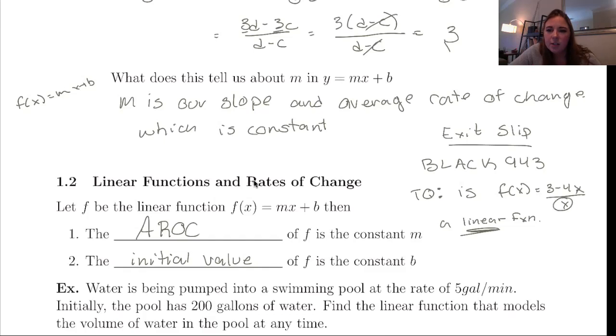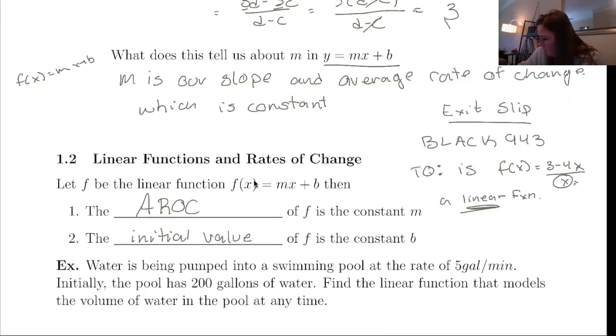In linear functions, x is just to the first power, not -1 like it is down here. It's to the first power only, right? So y equals mx plus b. I can't rewrite this as, I would get 3 over x minus 4x over x, 3 over x minus 4. Yeah, no, that is not a linear function.